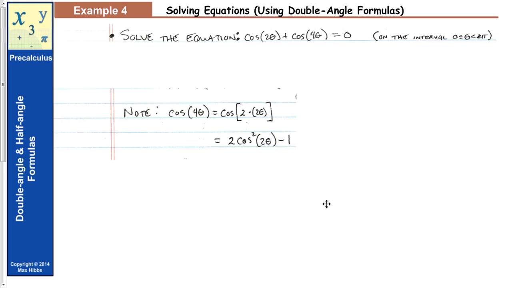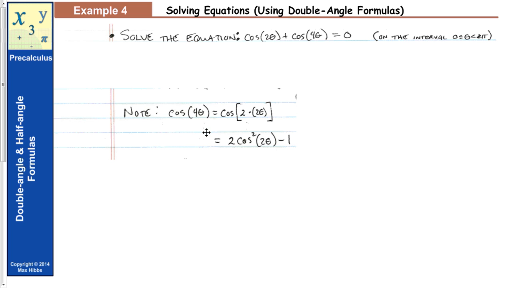But right now, what I would propose is that we just try to get one particular argument. So it would be all right to have trig functions of 2 theta only. It'd be all right to have trig functions of theta only. But we'd first have to reduce the fact that this argument is 4 theta.